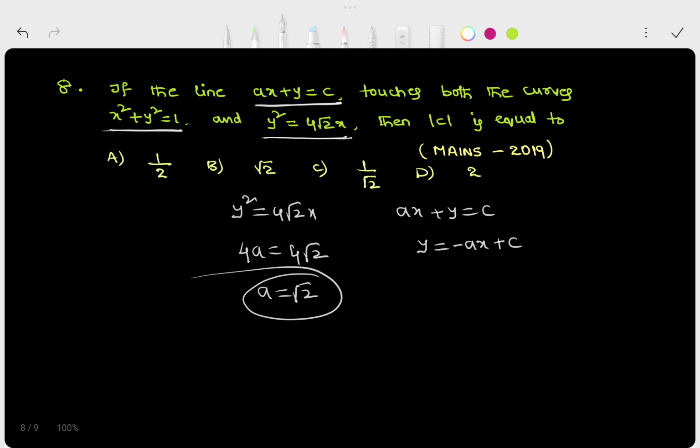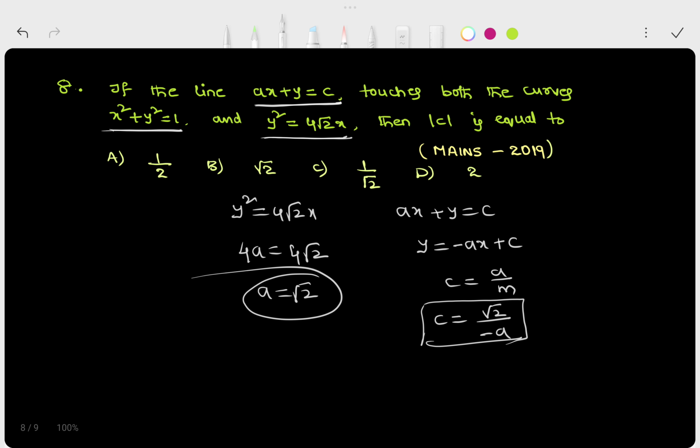We know if the line is a tangent to parabola y square is equal to 4ax, then c is equal to a by m. So here m is nothing but this value. c is equal to a value, which will be nothing but root 2 whole divided by m, which is minus a. c is equal to root 2 whole divided by minus a.